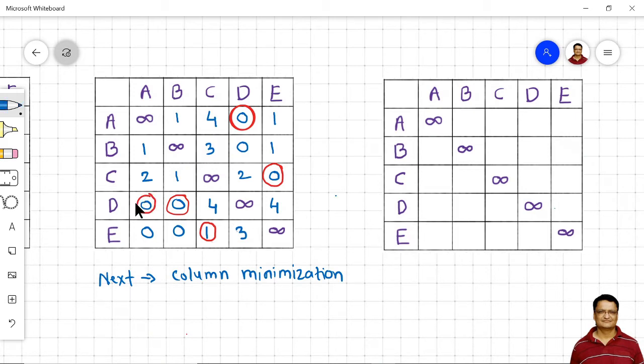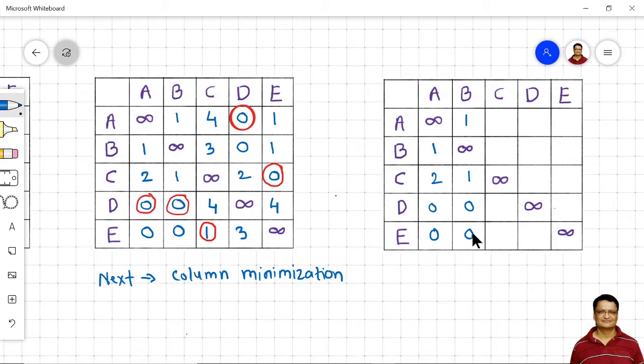Now we need to subtract the smallest element from all the elements in that column and write down the answer in this new table. So infinity minus 0 will be infinity, 1 minus 0 will be 1, it will be 2, 0, 0.